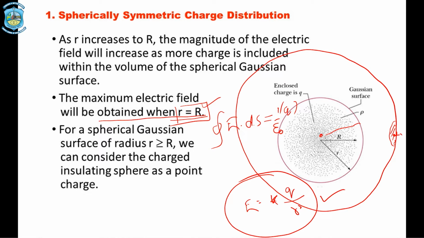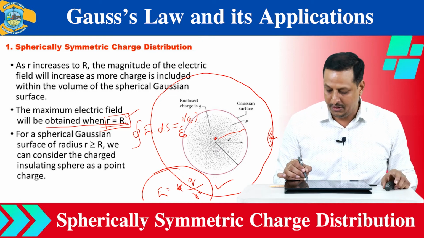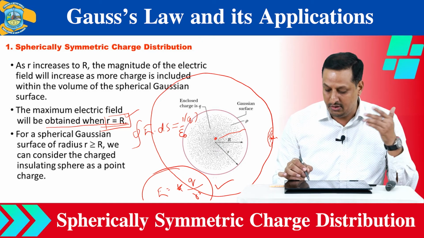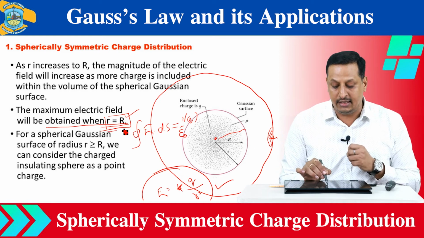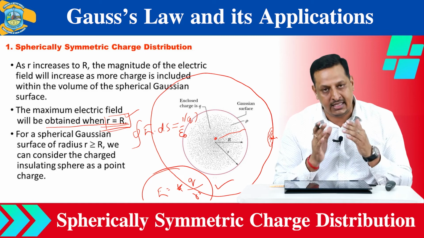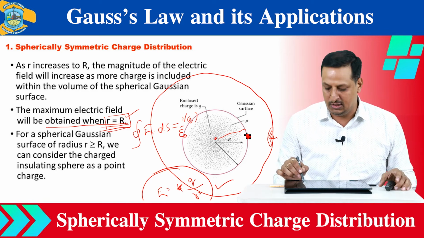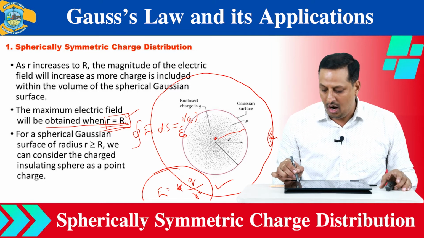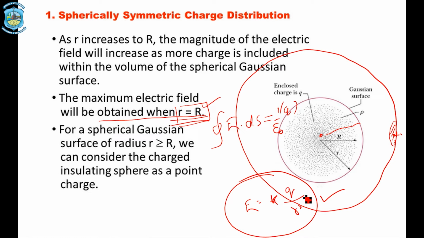See what we observe from these calculations. As we move away from the center of the charged insulating sphere, the electric field strength increases from the center toward the surface, and on the surface there exists a maximum value of the electric field. And when we move away from this charged insulating sphere, outside the electric field intensity decreases as a function of r square.